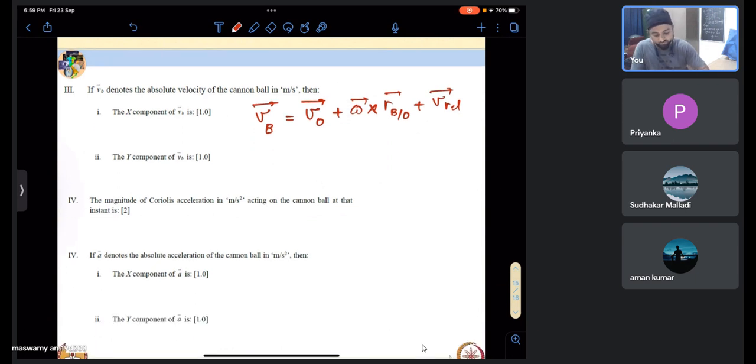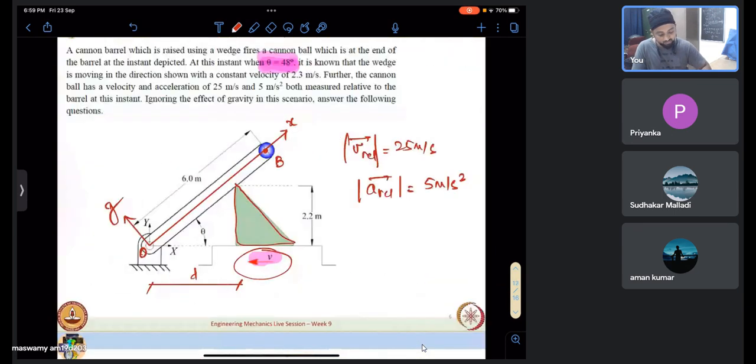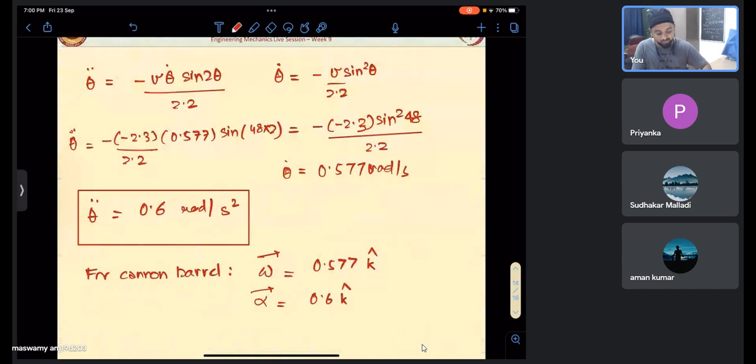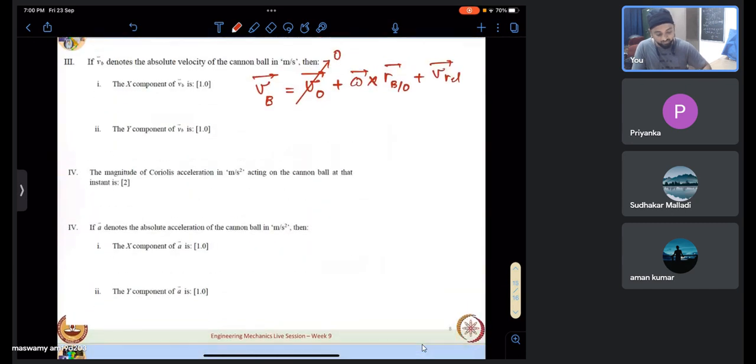We know this doesn't move, so velocity of O is 0. Omega we know. R of B with respect to O we want to know. VREL magnitude we have been given. Naturally both are measured along the slot, so its unit vector is that way only. We can write that unit vector in our Cartesian components, x and y. It is a simple issue.